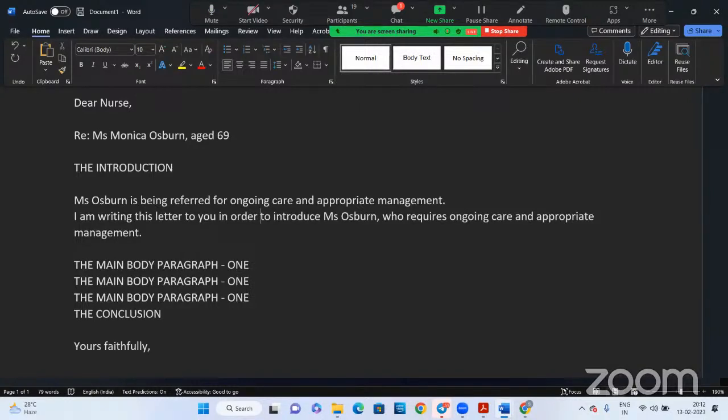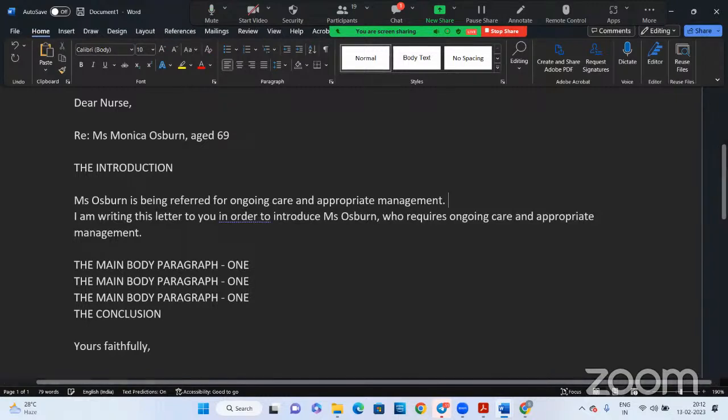Who is bothered about who is writing this letter? Nobody is bothered. We only want to know about Miss Osburn. We don't want to know who is writing this letter. Let some Tom, Dick and Harry write the letter. We are least bothered about that. This is the best sentence.